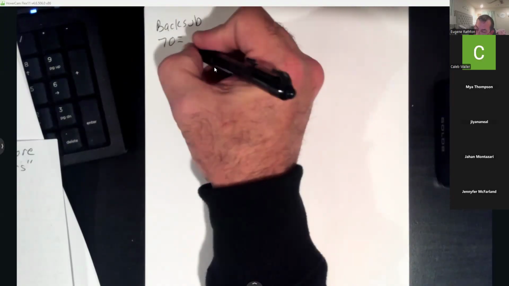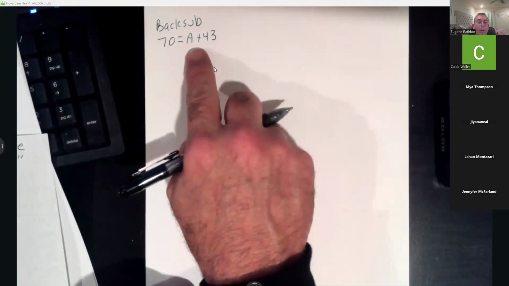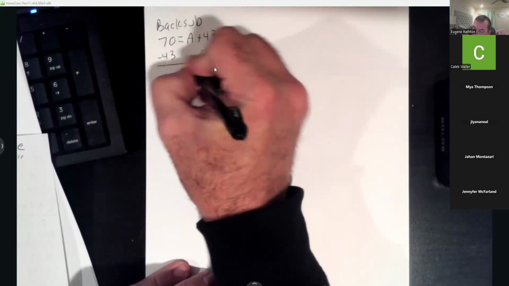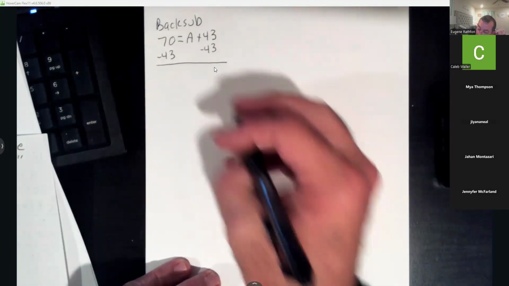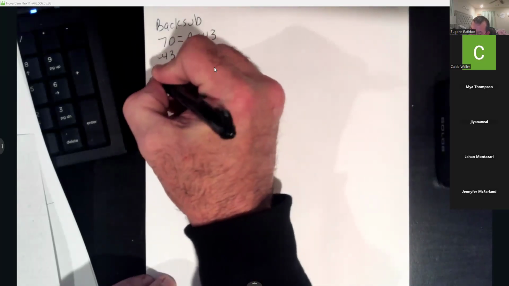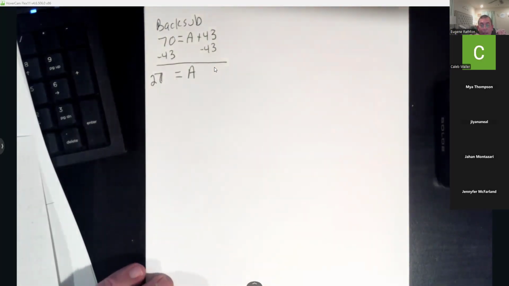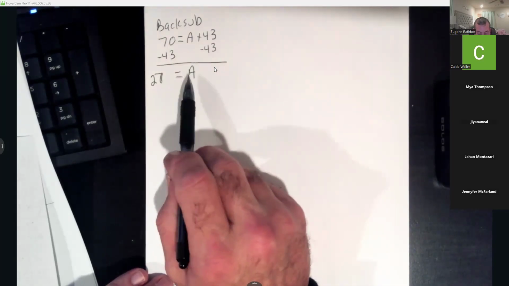That's going to equal A plus 43. So y'all, all we got to do is subtract 43 and we'll have A by itself. All righty, so 70 minus 43 gives me 27 equal to my A.